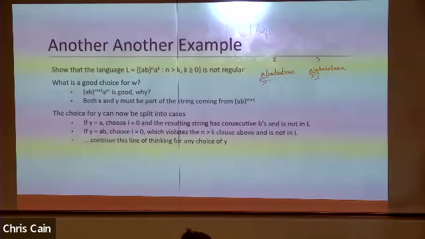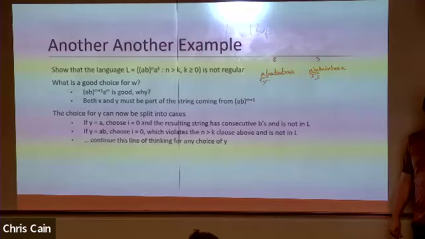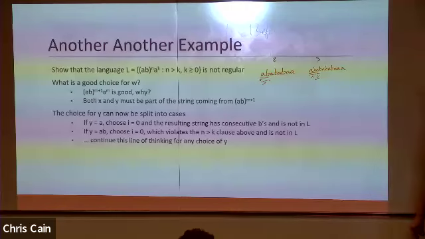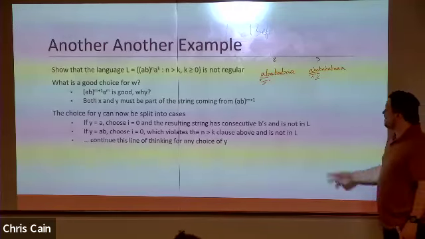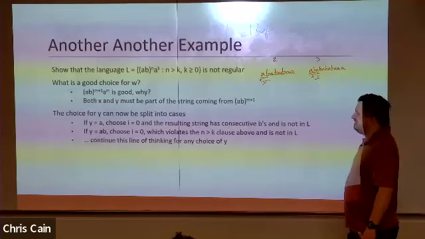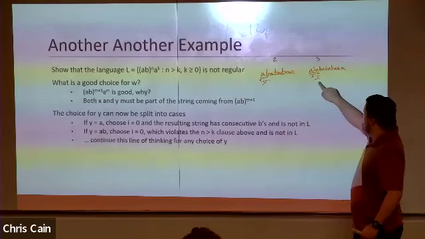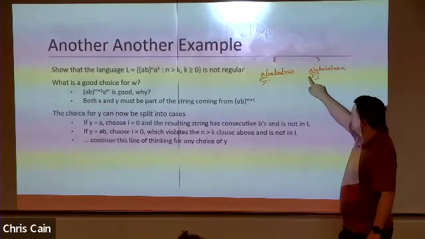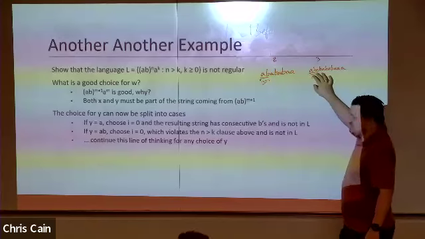So you'll continue this line of thinking for any reasonable choice of Y. This is where you would want to use something like induction inside of your own proof. I'm not going to do anything that insane to you this quarter, but something like ABA: if you chose I equals 0, then you'd be removing an A and you're removing an AB.